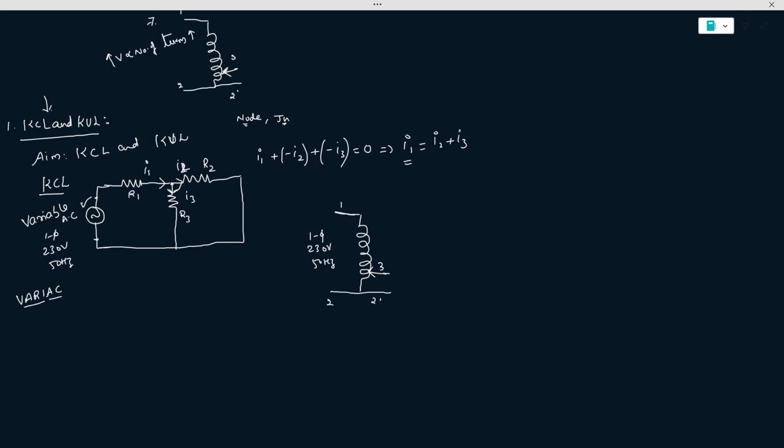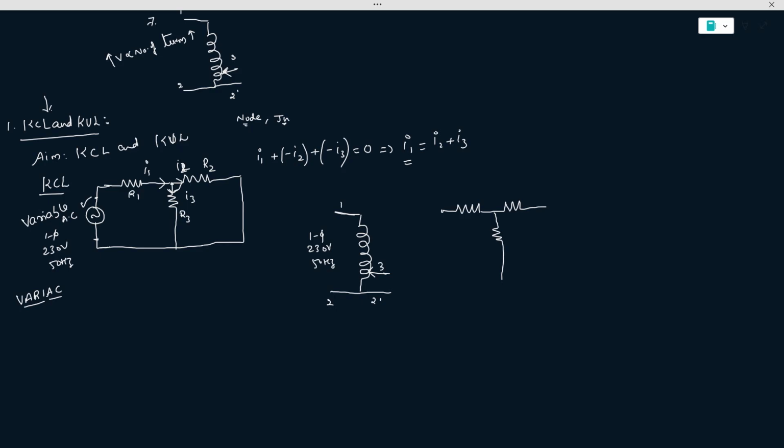Now we have three elements. If you observe the shape of the circuit with three resistors, it is a T. So we can call this circuit a T circuit. Now if you observe, this source terminal is going to the resistor 1 terminal.